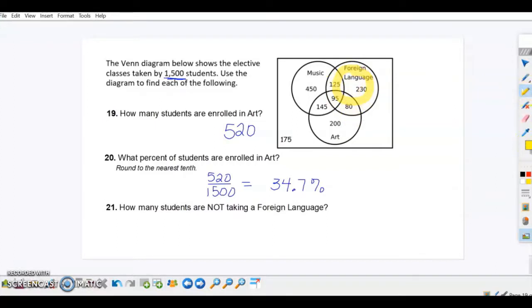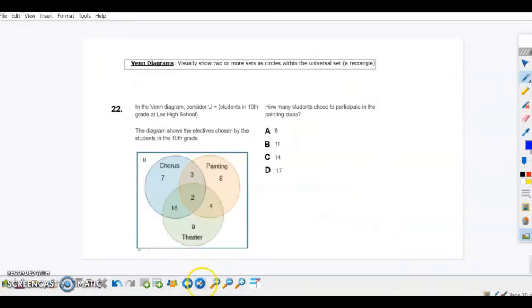So see what you would get. That would be these people, these people, these people. Everybody that's not in the foreign language circle would be the ones not taking a foreign language, or that's like the complement, and that adds up to 970.